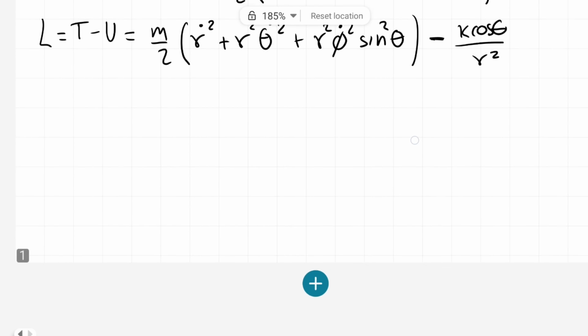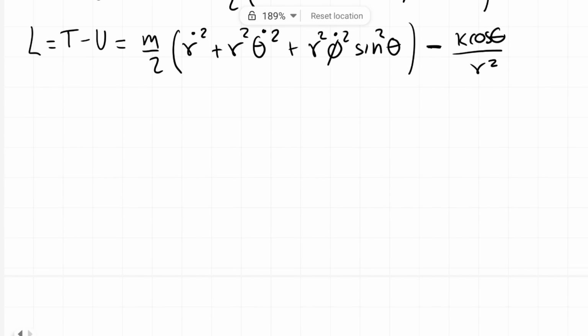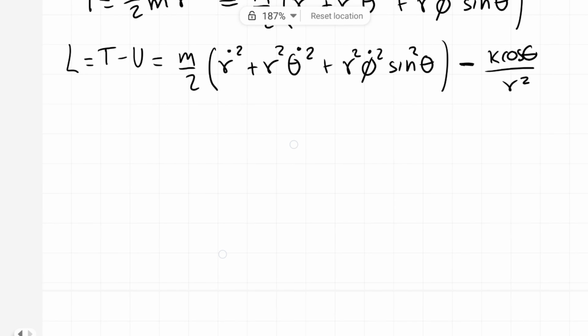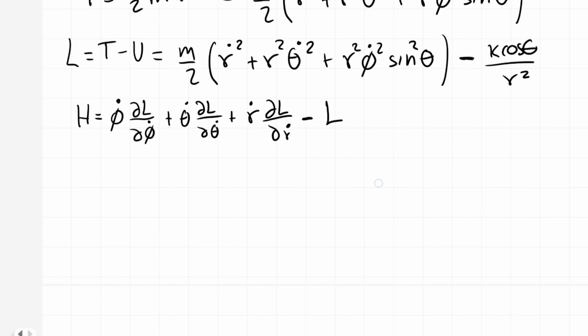Okay, so what we need to do now is to find the Hamiltonian of the dipole, but we know that the Hamiltonian can be seen as phi dot times the derivative of the Lagrangian with respect to phi dot, plus theta dot times the derivative of the Lagrangian with respect to theta dot, plus r dot times the derivative of the Lagrangian with respect to r dot, minus the Lagrangian.